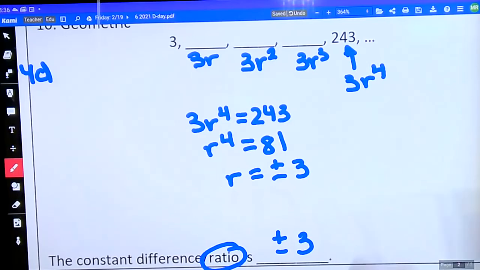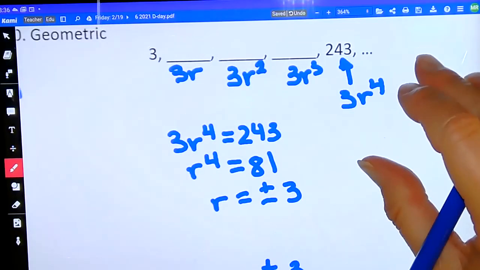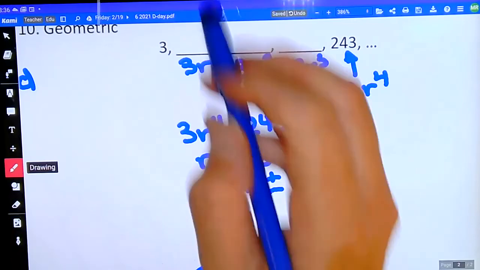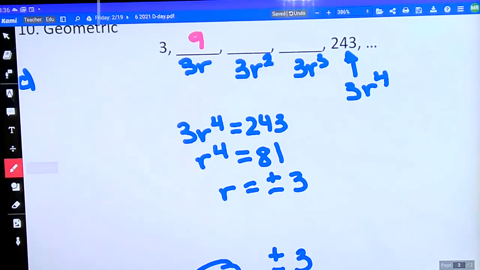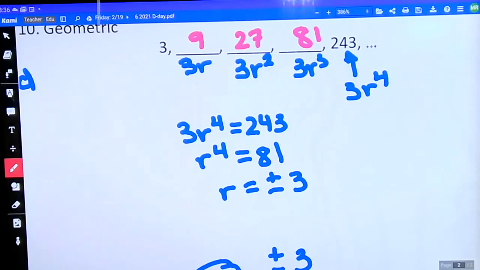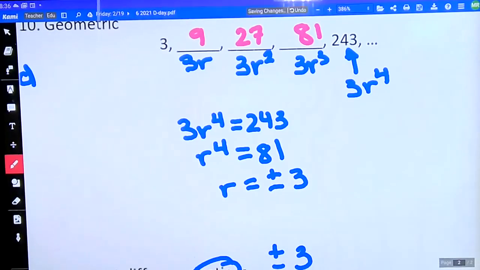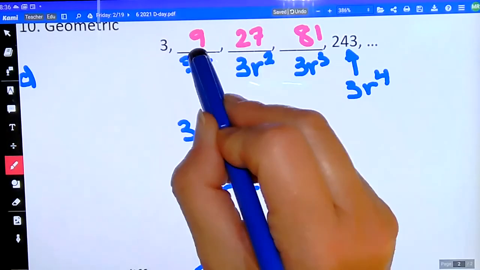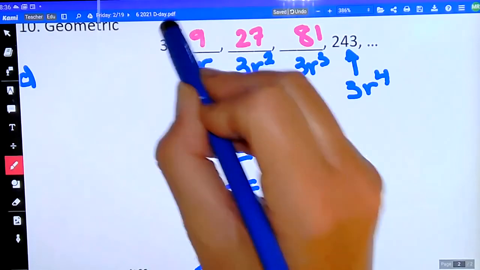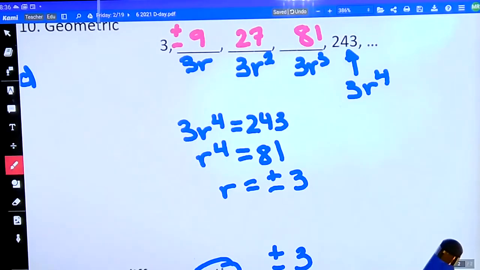Now, what does that mean? That means that if I times by positive 3, I would have gotten a 9, a 27, an 81. But when I times by the negative 3, this one would have been negative. So it would have been positive for the first one, but negative for that second value.